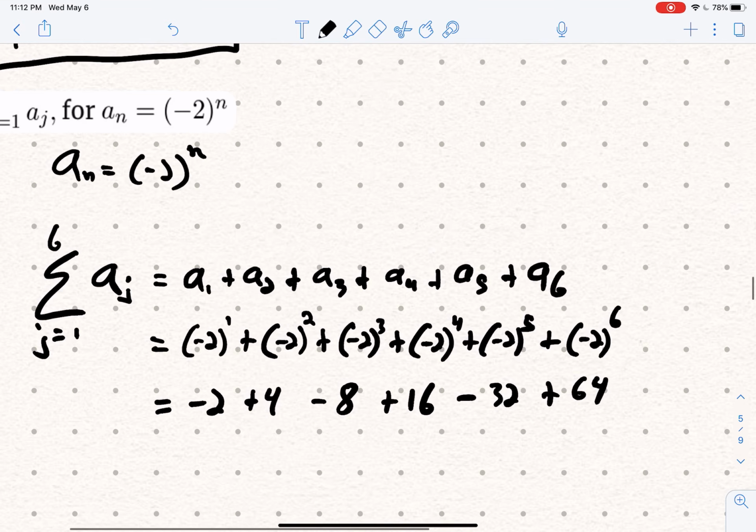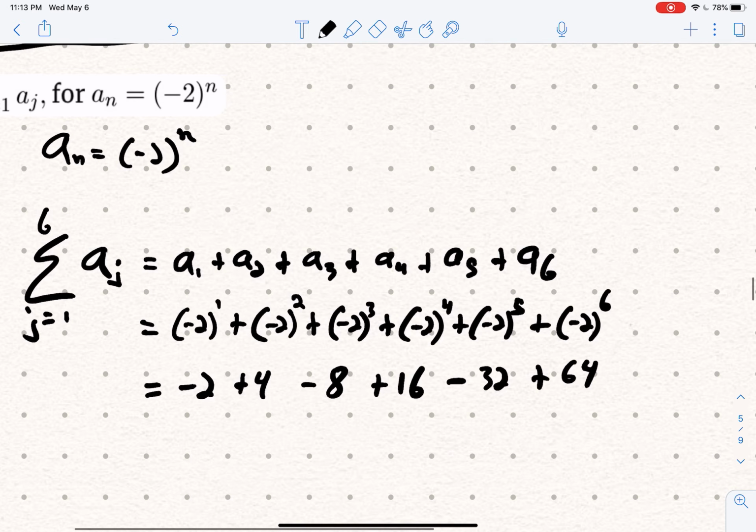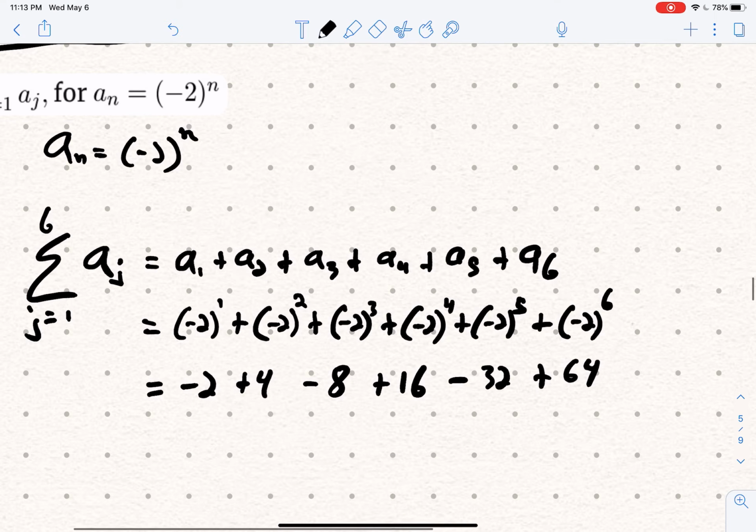Okay, and then we go ahead and add these things up. Minus 2 plus 4 gives me a total of positive 2. Minus 8 and 16 add up to 8. And minus 32 and 64 add up to 32.